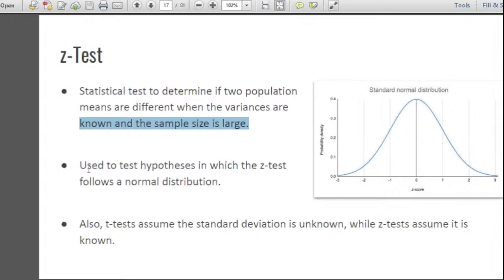It is used to test hypotheses in which the Z-test follows the normal distribution, very true. T-test assumes the standard deviation is unknown, while Z-test assumes it to be known. So the difference between T and Z is when you do not know the population standard deviation, we will go with T-test. Okay.